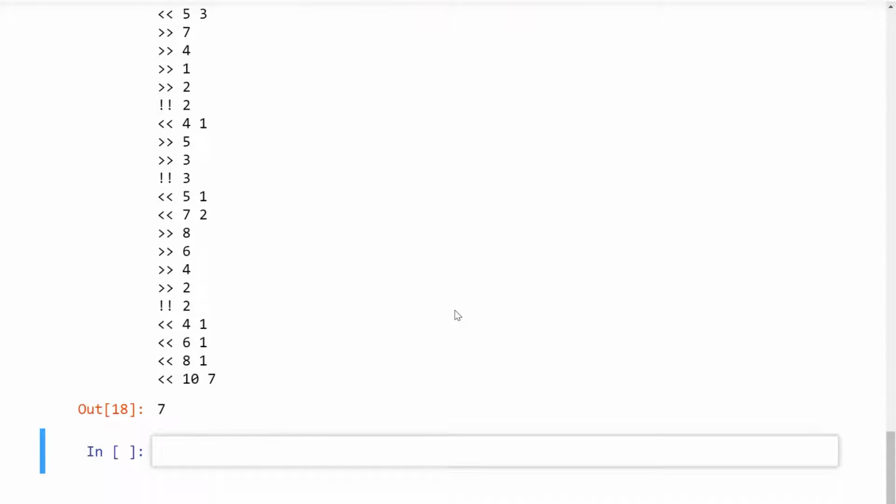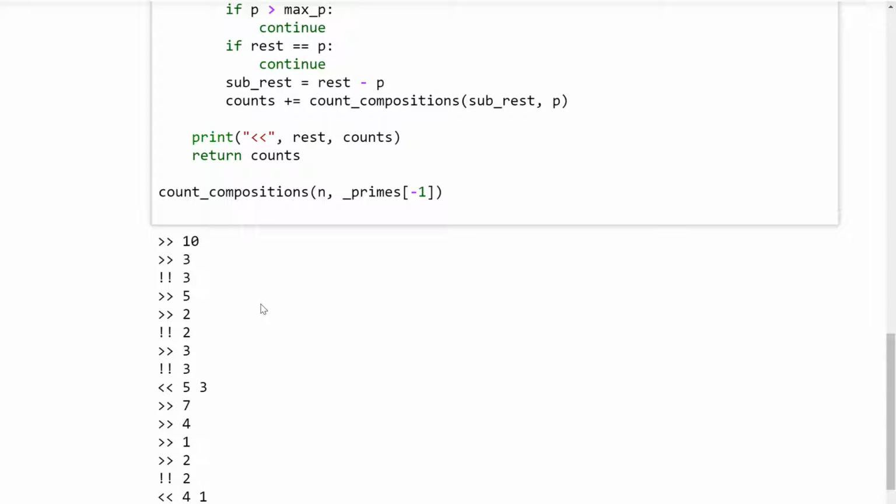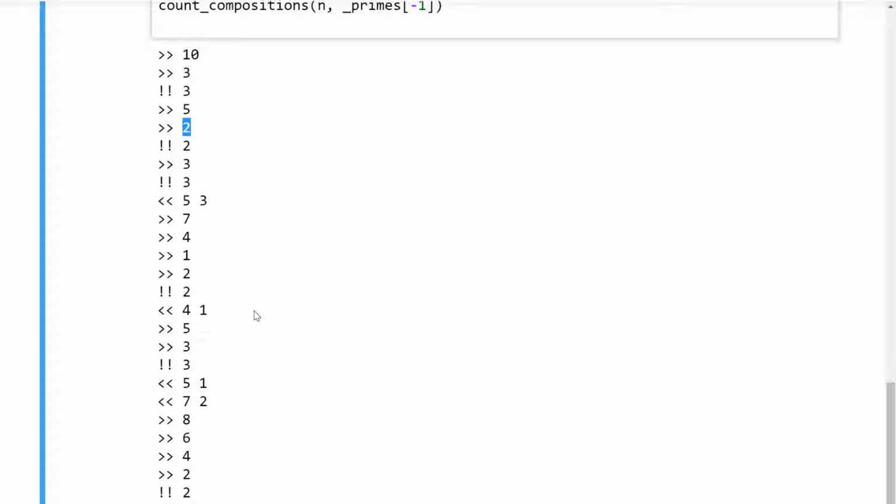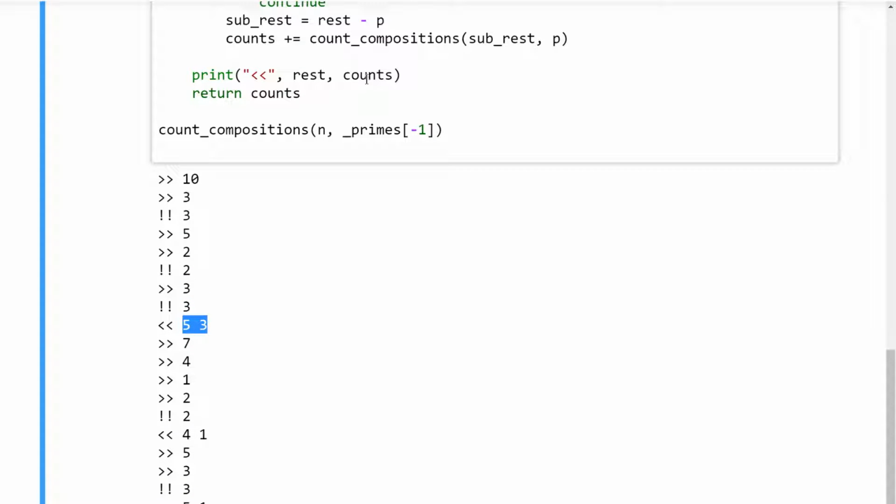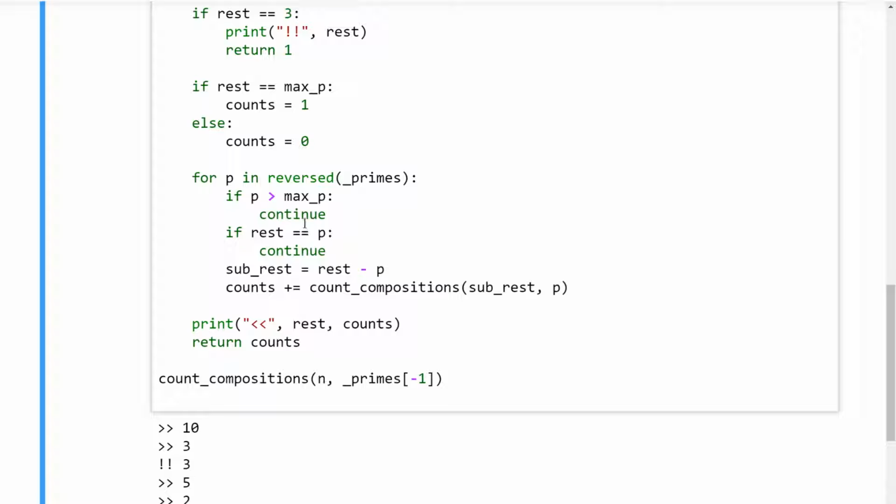Okay, let's see. So we're going down to 5 and 1. Let's look at this. So for 5, we're getting 3 as a count. Just pull. Count 2 and 3. So it's right.